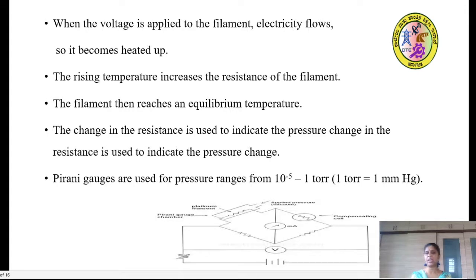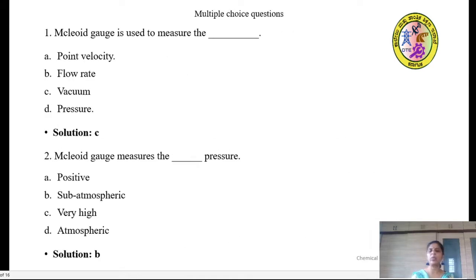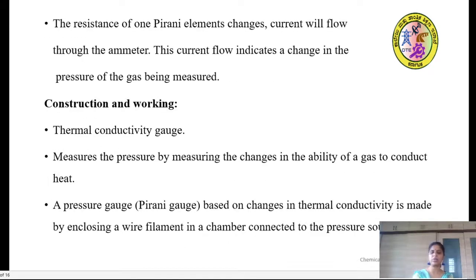The resistance changes, and the change in the resistance is used to indicate the pressure change, which is used in the pressure gauge. Usually these Pirani gauges are used to measure pressure ranges from 10⁻⁵ to 1 torr. 1 torr is equal to 1 mmHg. I think you have understood this.